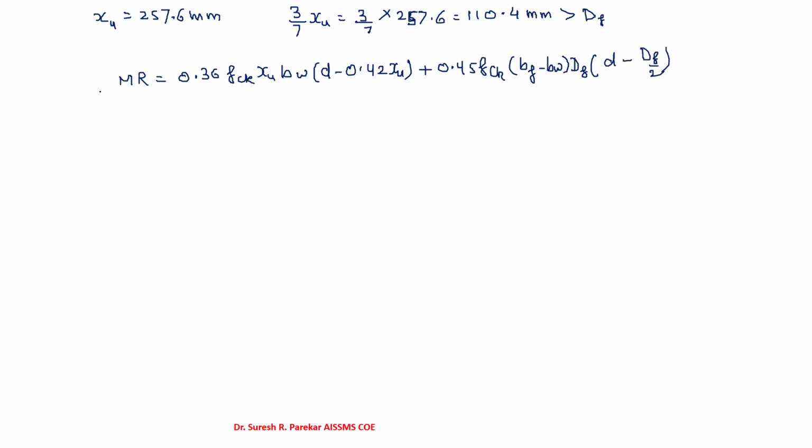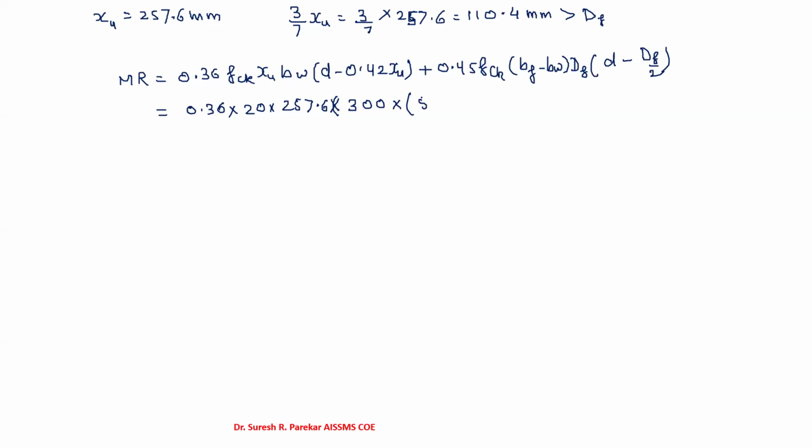And then by substituting values in this equation, 0.36, we have value of FCK 20. XU is XU max 257.6. Sorry, into BW first. So into BW, we have 300.